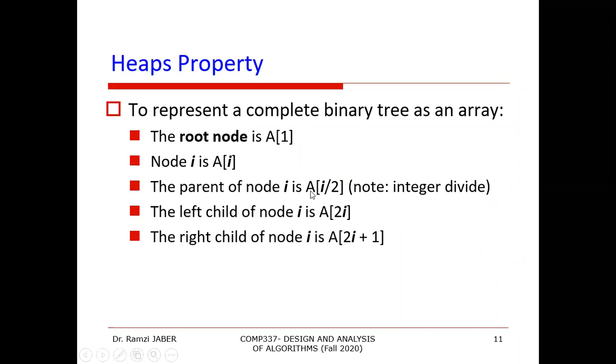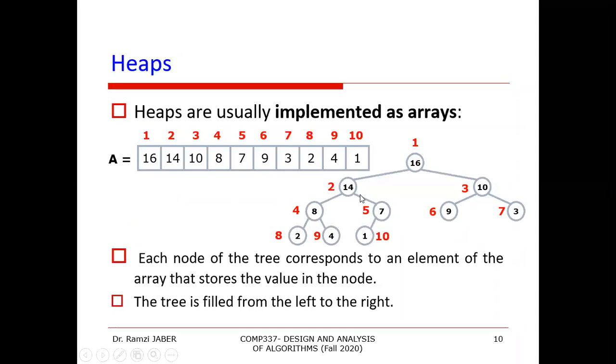So it's true. Now, the left child of node i is always 2i, and the right child is 2i plus 1. We'll see node 14. The left child will be 4, 2i here equals 2. The children of node 2 will be 2i and 2i plus 1.